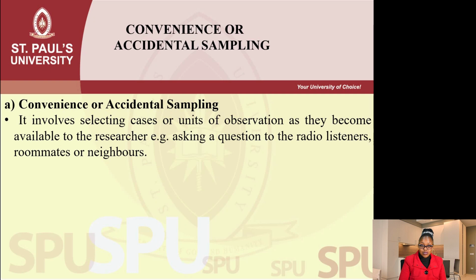So let's look at the first one, convenience or accidental sampling. Now, it involves selecting cases or units of observation as they become available to you as a researcher. So here, let's say you are collecting data in St. Paul's University. You are targeting staff members because that is the research that you are doing.